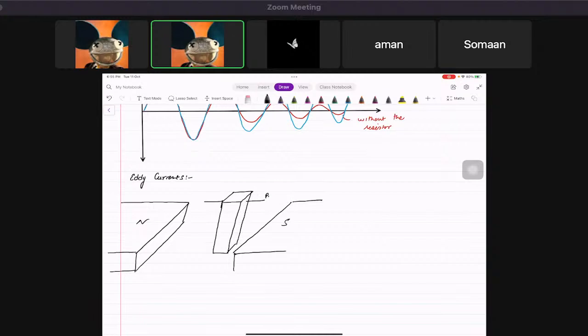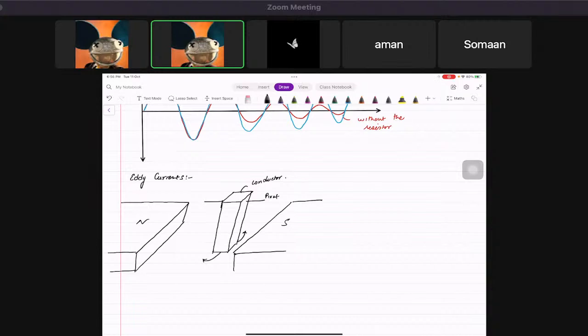This is a pivot, and about this pivot the conductor is moving back and forth like this. Now when the conductor is moving, although we don't want current to be induced, we just want it to oscillate.